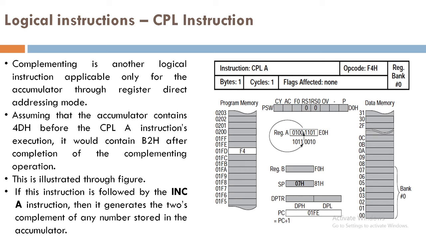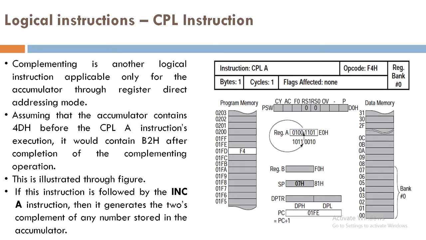Okay, so now let's move on to the CPL instruction. The CPL instruction is actually complementing. It is another logical instruction which is applicable on the accumulator through register direct addressing mode. If we consider the instruction CPL A, the operational code is F4 hex.